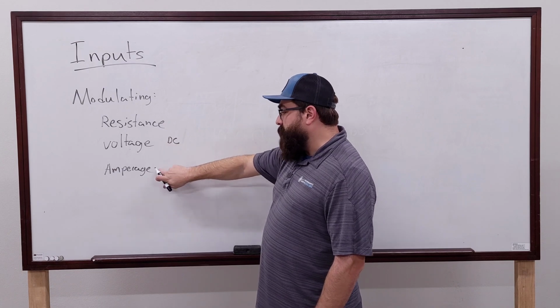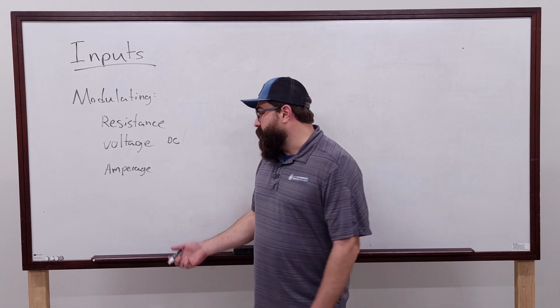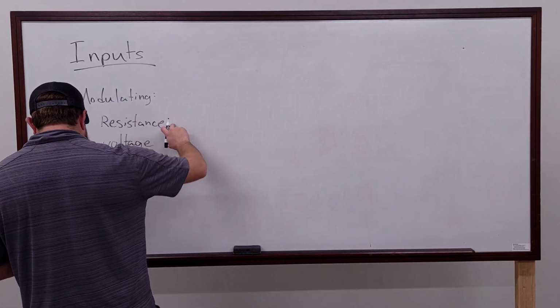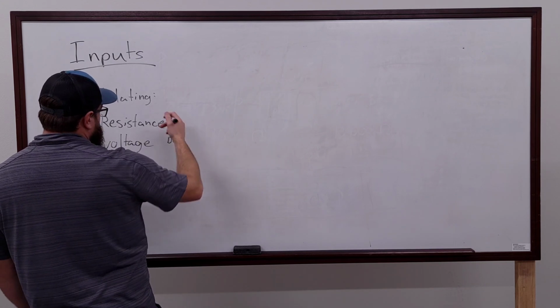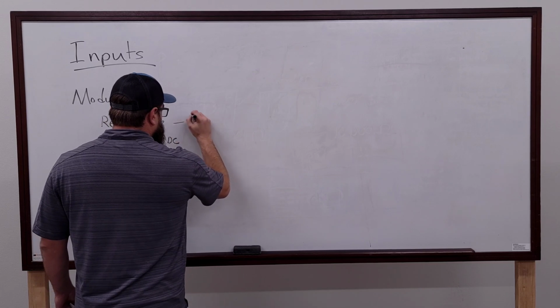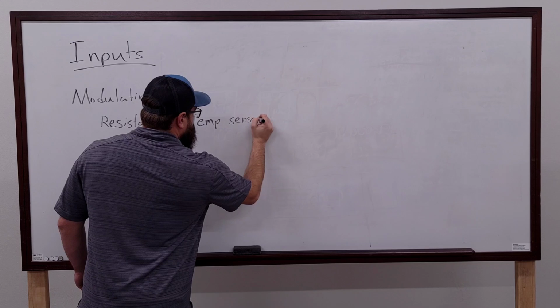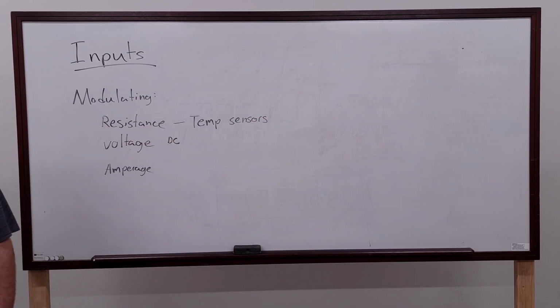And then amperage is going to be your milliamp signal, a 0 to 20 or a 4 to 20 input. Resistance, at least in the HVAC field, are typically your temp sensors, thermistors.